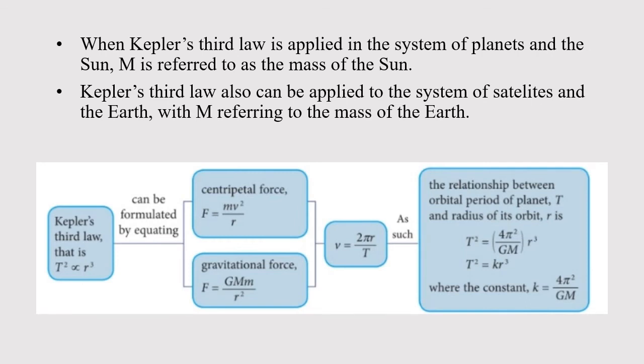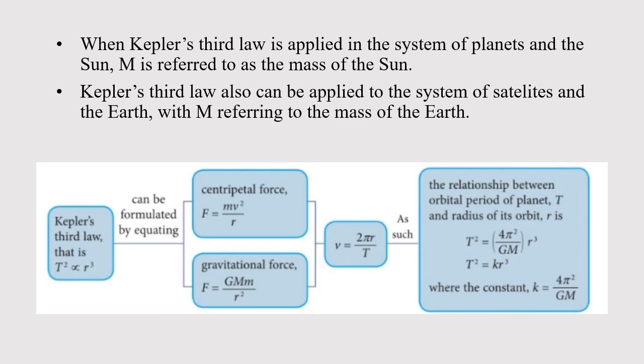When Kepler's third law is applied in the system of planets and the Sun, M is referred to as the mass of the Sun. Kepler's third law also can be applied to the system of satellites and the Earth, with M referring to the mass of the Earth.